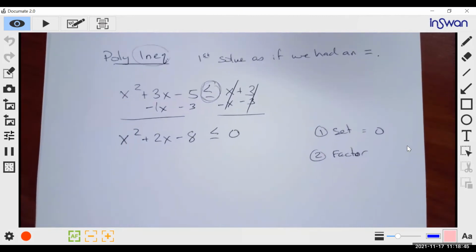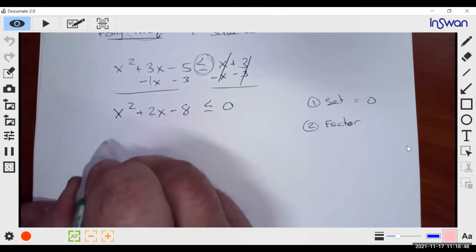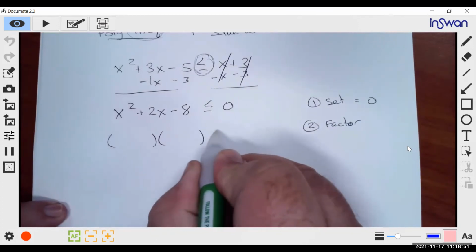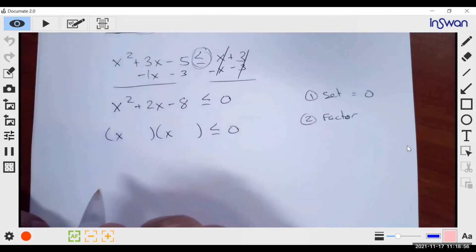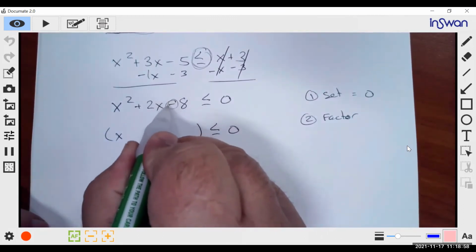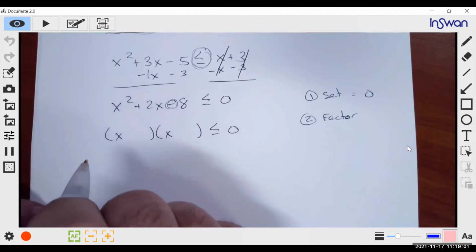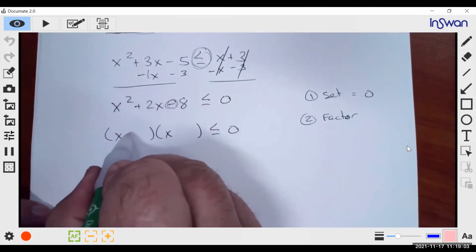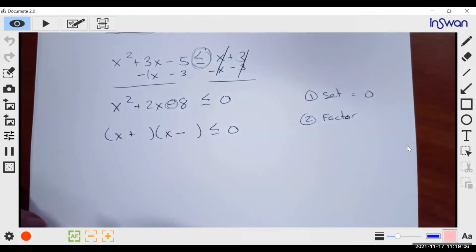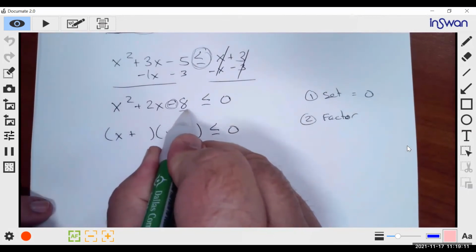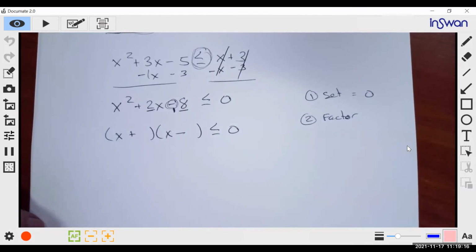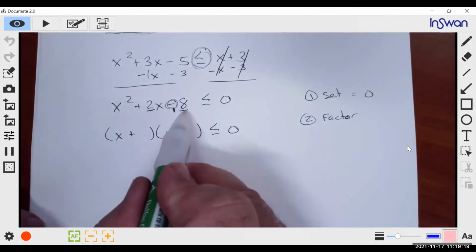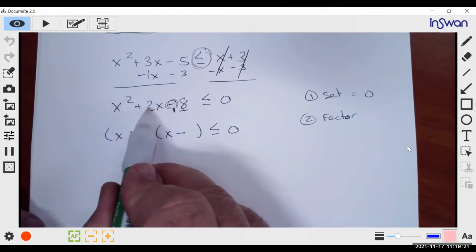Second step is factor. X and x. The second sign being minus tells us what? Different signs. Very good. What times what is 8, where when you subtract them, you get 2? 4 times 2 is 8, and 4 minus 2 is 2.